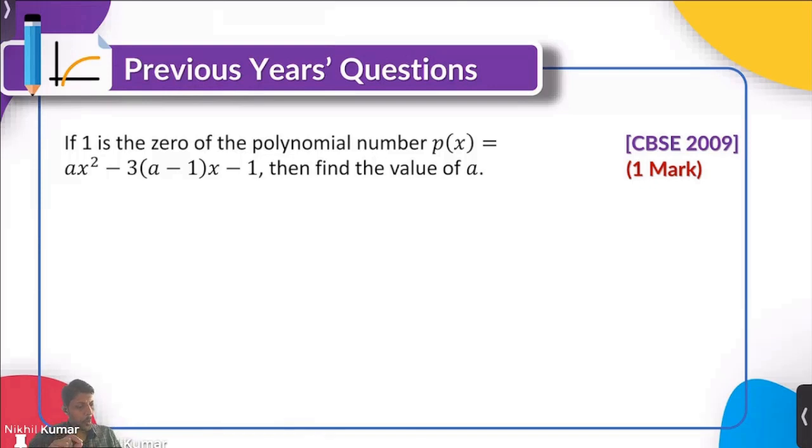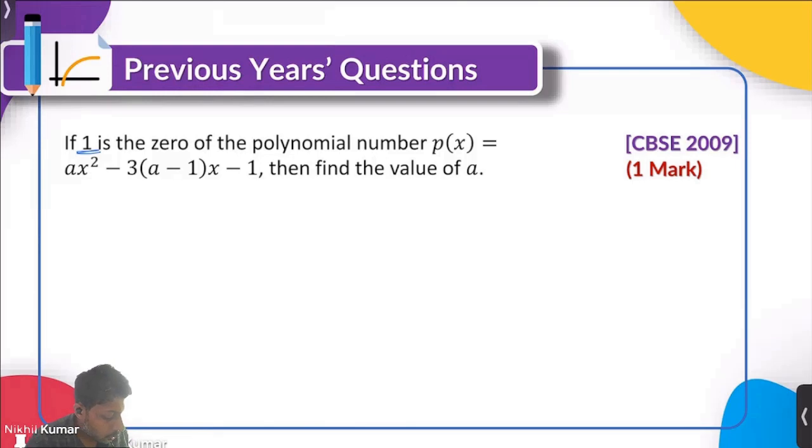It says if 1 is the zero of this polynomial p of x, find out the value of a. If 1 is a zero of this polynomial, this means whenever I put 1 in place of x, this polynomial would turn 0.